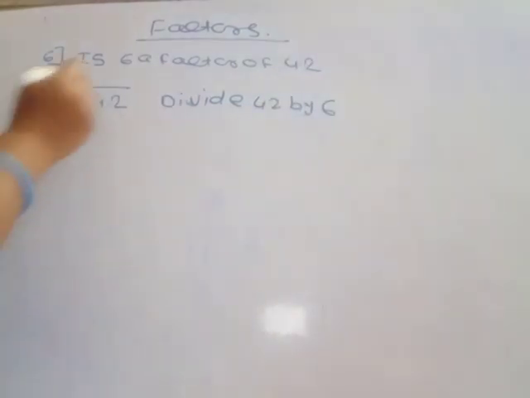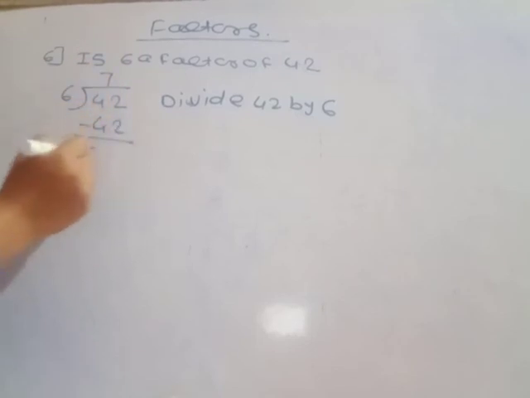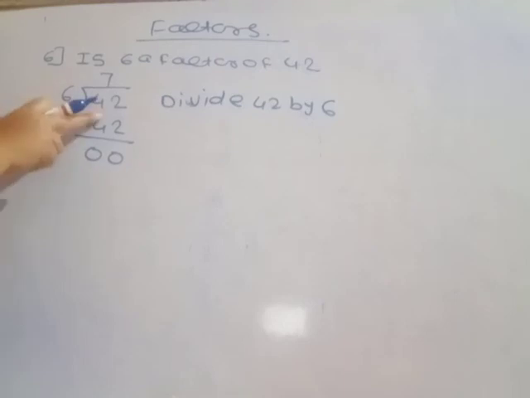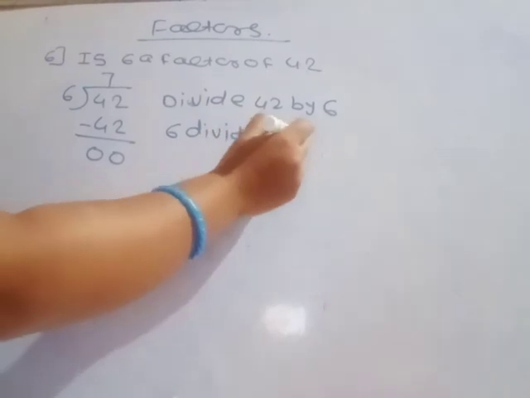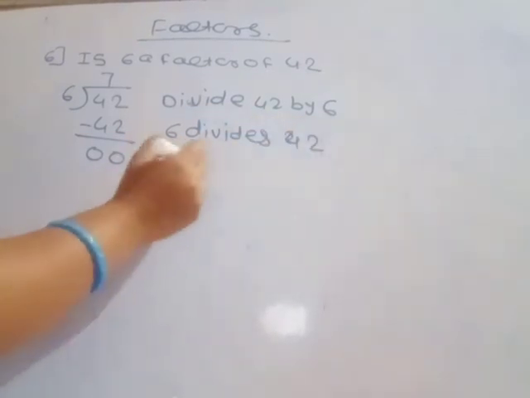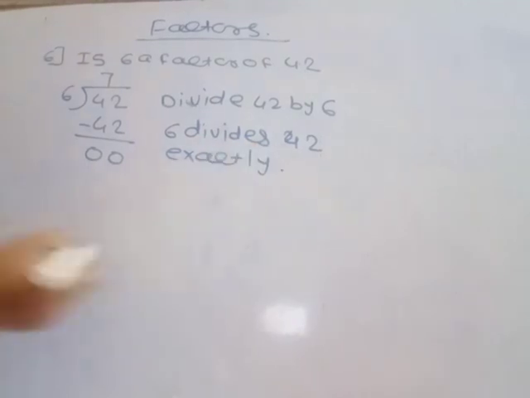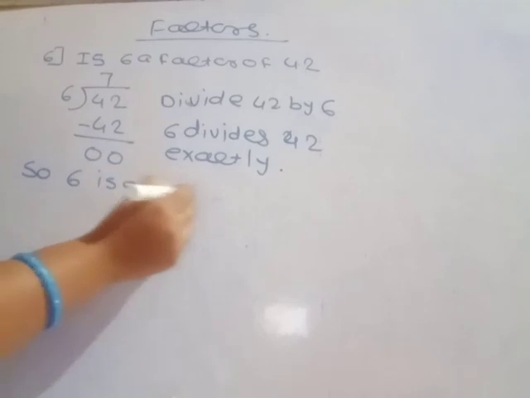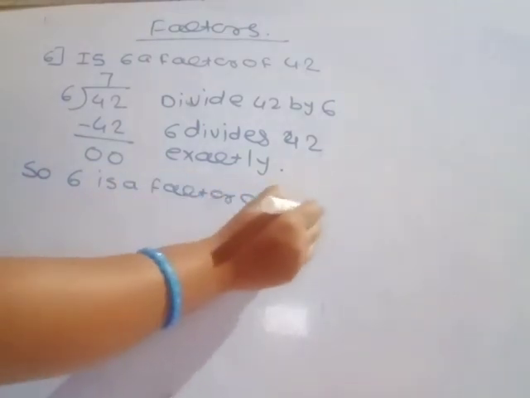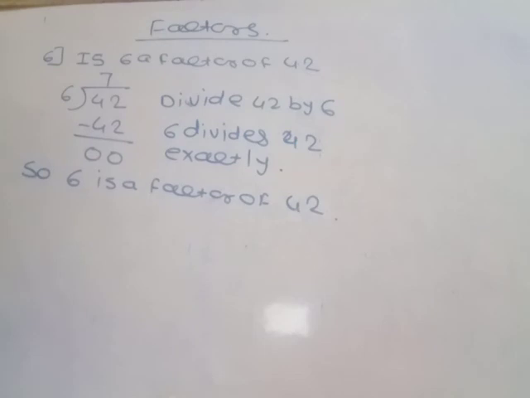Then 6 7s are 42. Remainder 0. Means 6 divides 42 exactly. So 6 is a factor of this number 42. 6 7s are 42. Therefore 6 is a factor of 42.